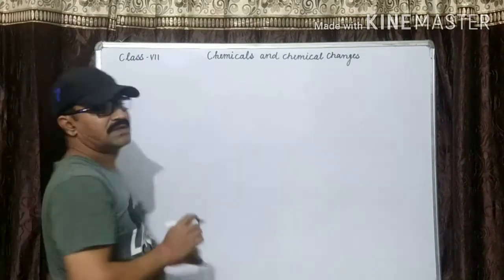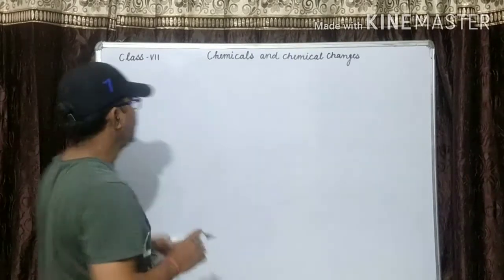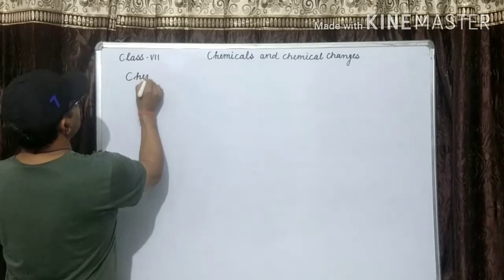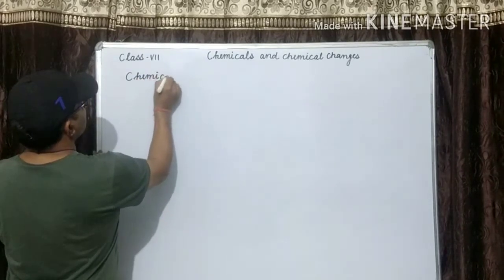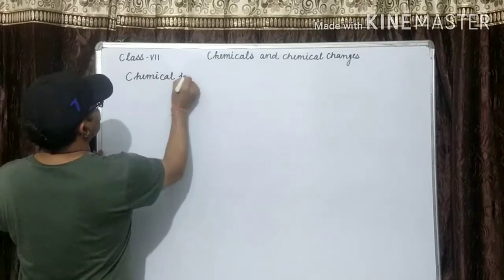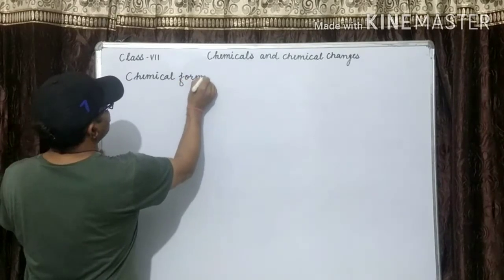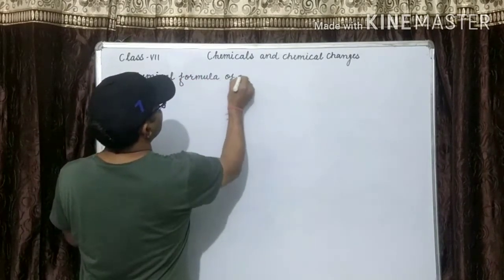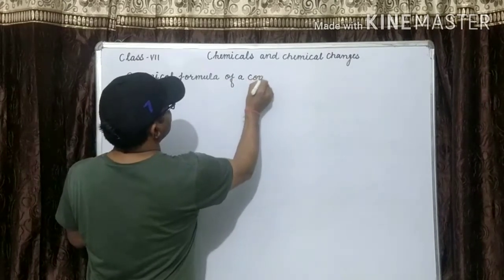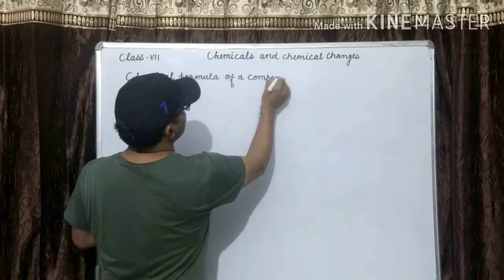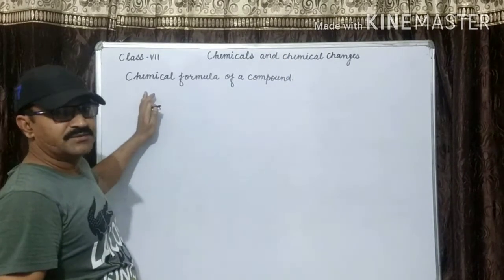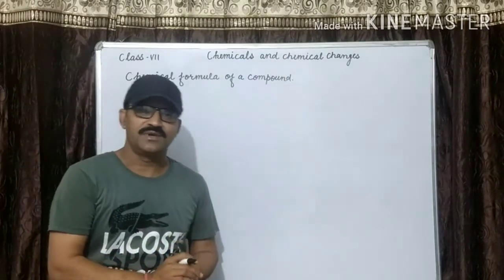Class 7: chemical formula of a compound. So today's subtopic is the chemical formula of a compound.